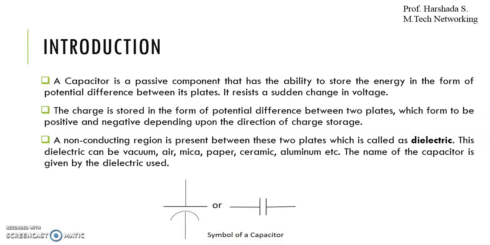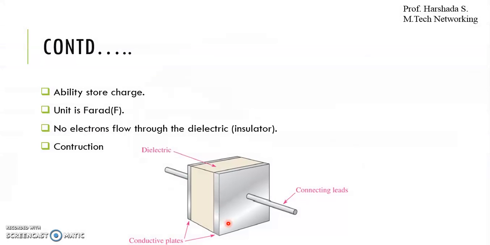Now we move towards the next slide. This is the short trick which you remember for the whole 11th. I created a shortcut: ability to store, then the unit of the capacitor is the farad, then no electrons flow through the dielectric.